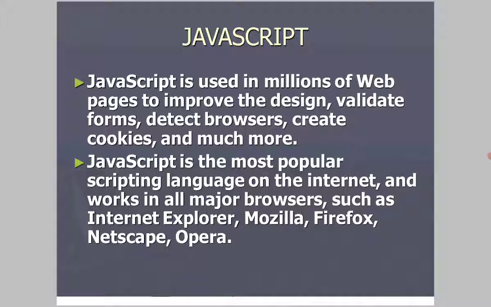JavaScript is a client side script. It is mainly used at client systems or at client machines. VB script or Visual Basic script is a server side script used at servers or server machines.